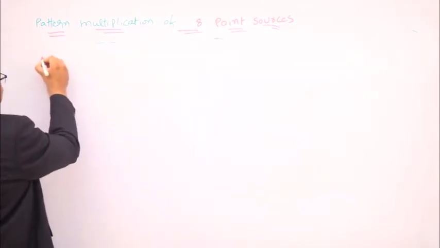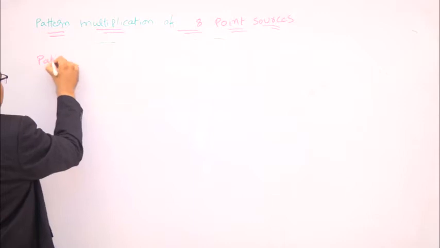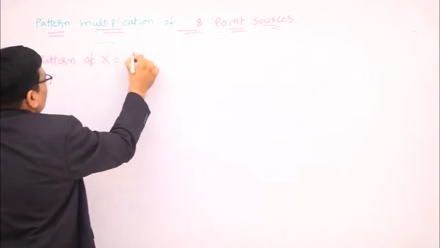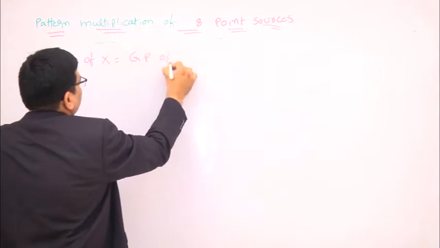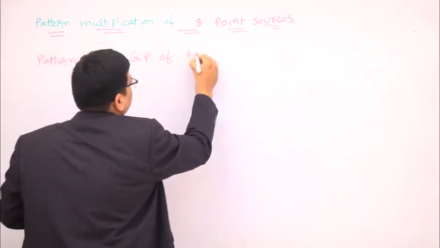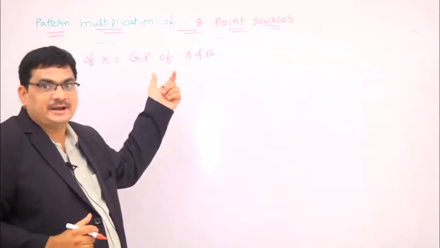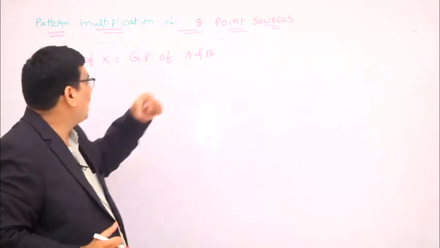So the pattern of X is the group pattern of A and B, which is separated by a distance lambda.